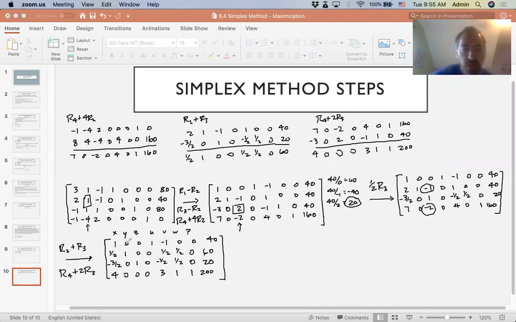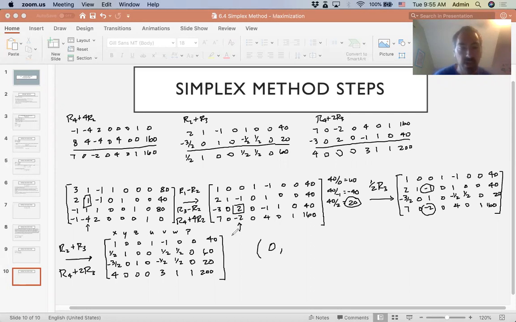We had the y and z columns as our pivots, so we're going to have a solution there, but we never used this x column as a pivot.